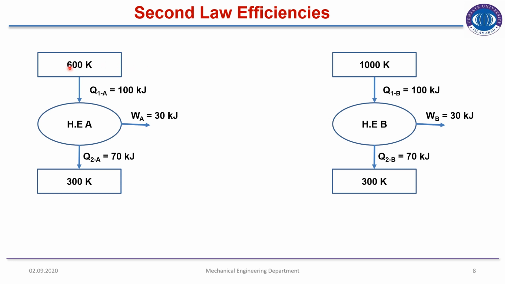After solving this example, we will be able to comprehend why the second law efficiency is important. You should remember that the properties of heat engines A and B are all similar, except that the source temperature of heat engine A is less and that of heat engine B is greater.